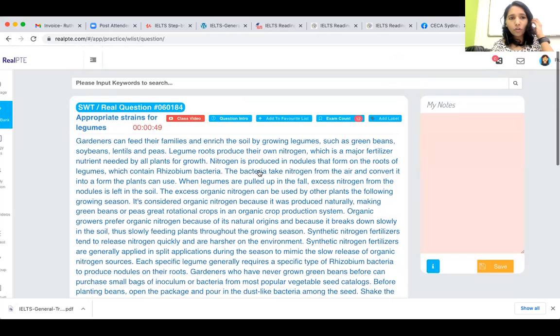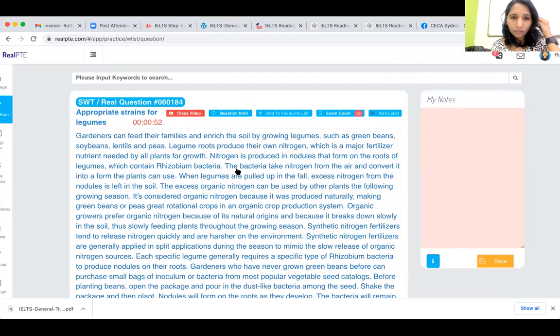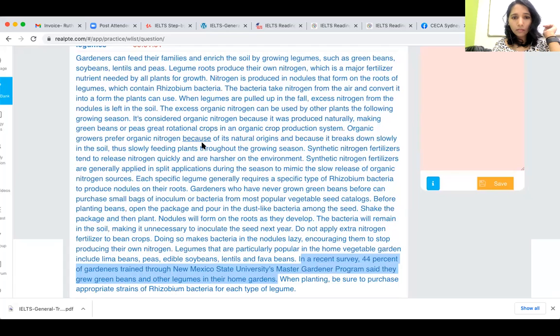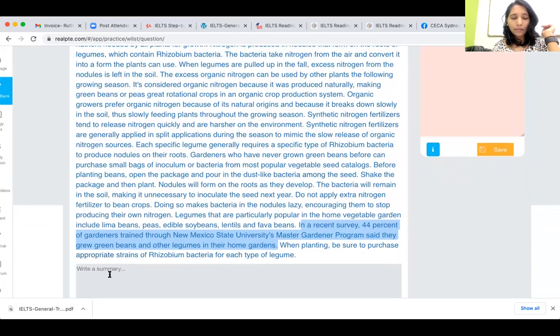So let's skim through this passage. Okay, so let's take the first sentence.